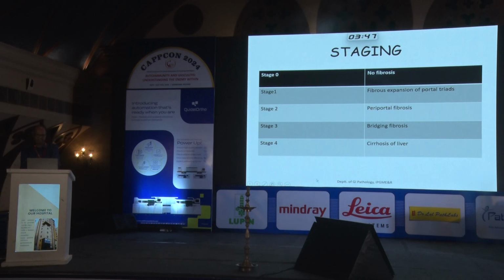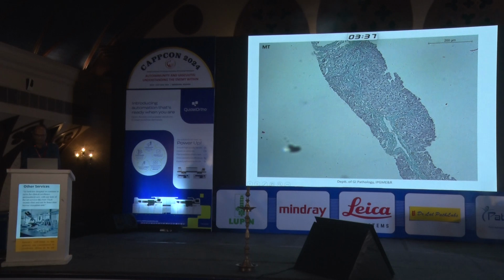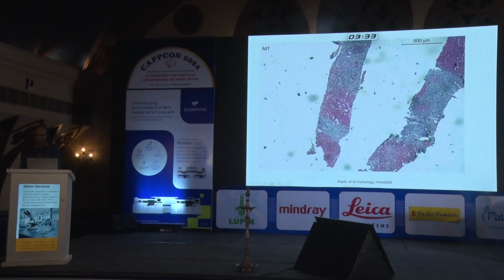And lastly, the end stage is stage 4, which is cirrhosis of the liver. We can see bridging fibrosis in this. Blue is collagen, and this color is the lobule. And here we can see nodule formation with bridging fibrosis. It's a cirrhosis.